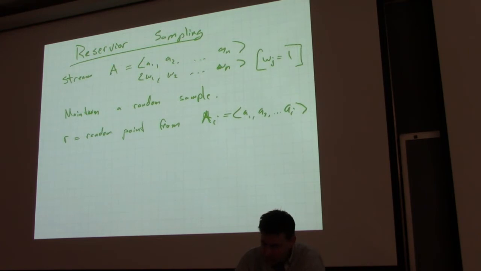So this is for A_i, and I'm going to have an algorithm which works in an inductive sense. I have to maintain the number of things I've seen so far, which is i, and now with probability 1 over i plus 1, replace R with A_(i+1).